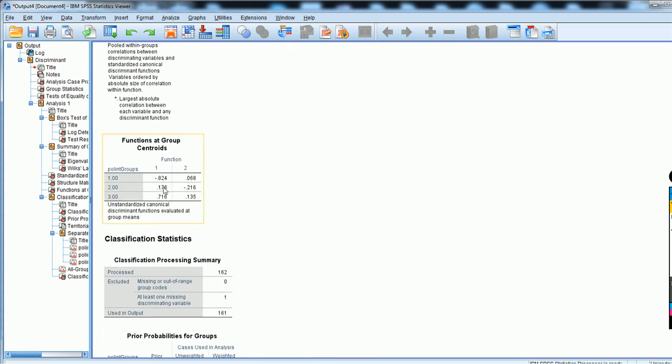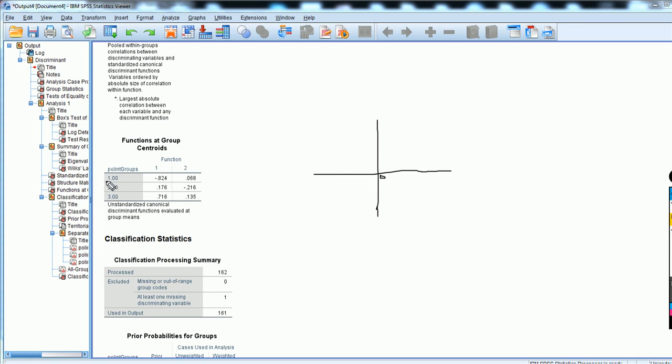So I want to also show you the functions at group centroids. Basically, we have function 1 along the x-axis and function 2 along the y-axis. The group centroids are basically multivariate means, if you will. You can plot out the group centroids relative to an origin of 0.